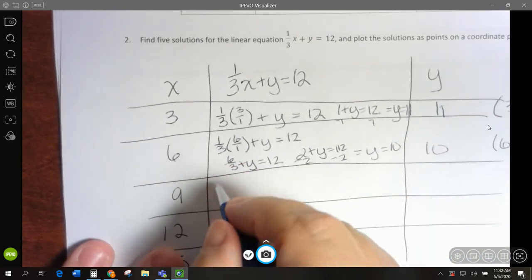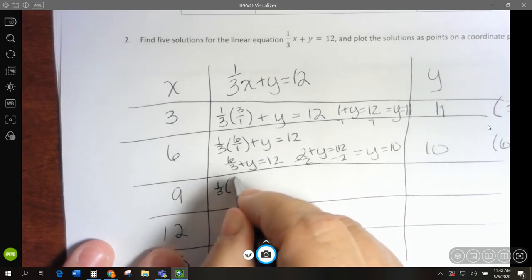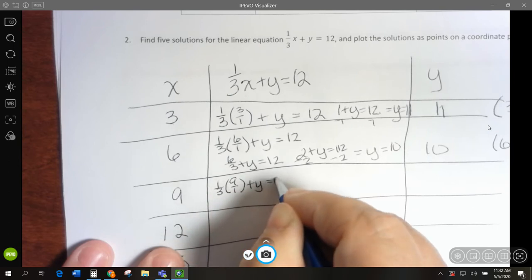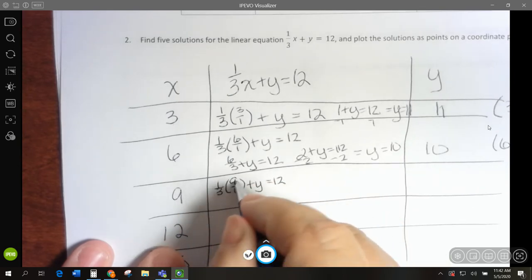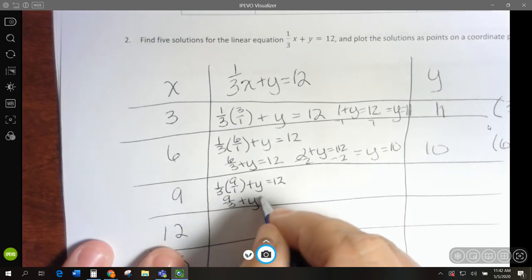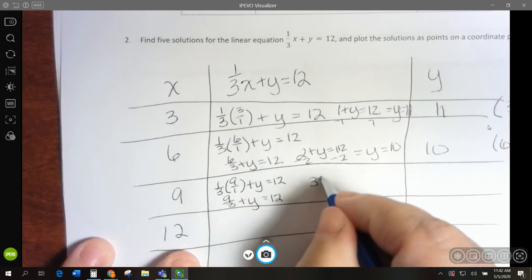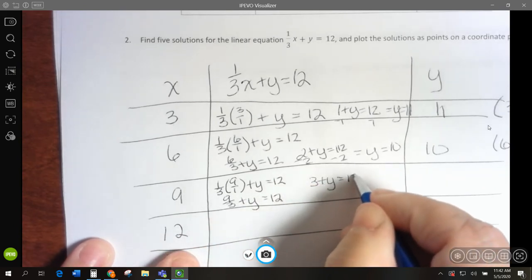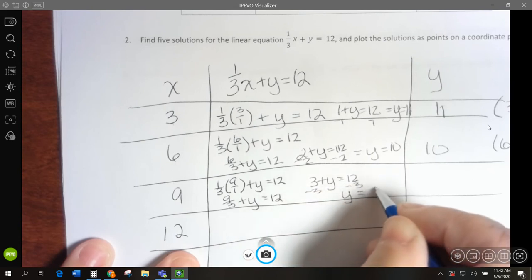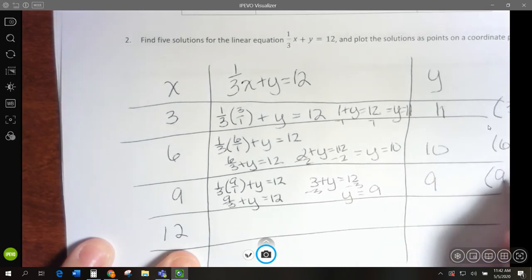Let's do this one. 1/3, and for x we're going to put 9. We'll make it 9 over 1 plus y equals 12. Well, this is going to be 9 over 3 plus y equals 12. 9 over 3 is 3 plus y equals 12. Subtract 3 from both sides, and y equals 9. So here we're going to have 9, 9.